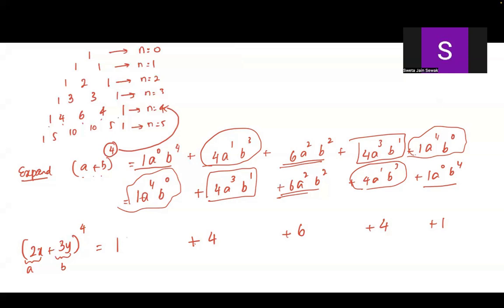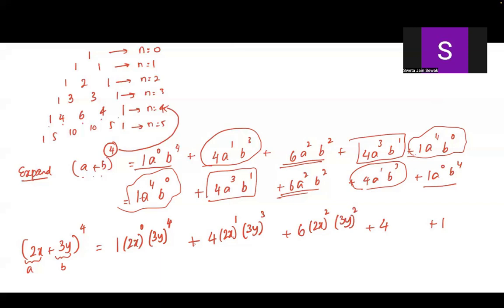My A is 2x, so 2x to the power 0, and B is 3y, 3y to the power of 4. And the next one is A to the power 1 and B, which is 3y to the power of 3. And my next term is again A, which is 2x to the power of 2, and B, which is 3y to the power of 2.